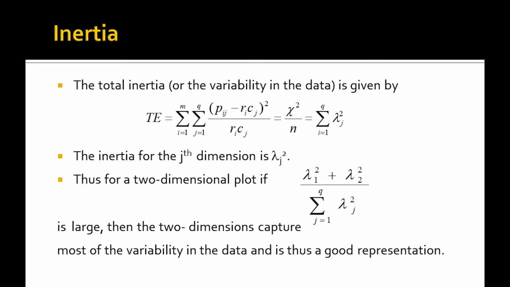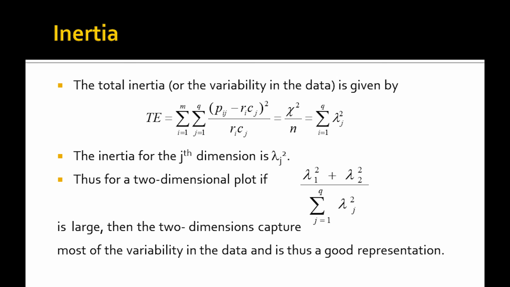Thus, for each of these dimensions, for the first dimension the inertia will be lambda 1 squared divided by the total sum of the inertias. For the second dimension, it would be lambda 2 squared divided by the total inertia. So for a two-dimensional plot, the total inertia accounted for is lambda 1 squared plus lambda 2 squared divided by the sum of lambda j squared over j equal to 1 to s.